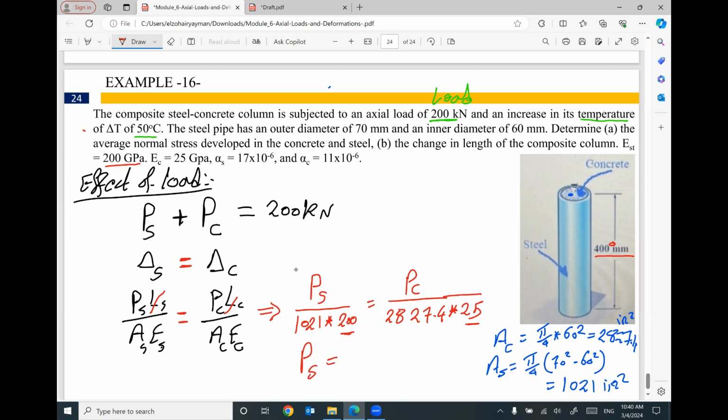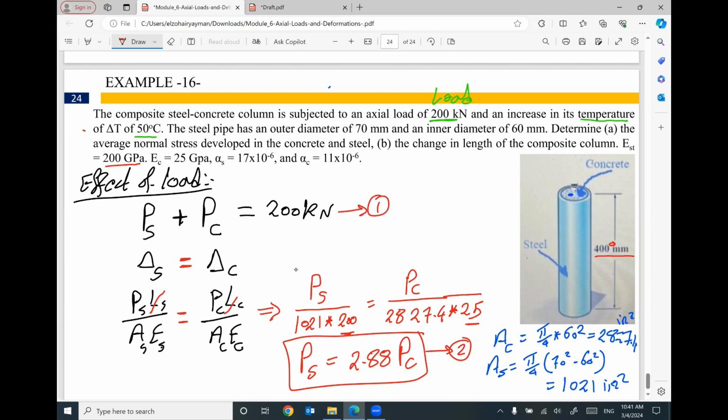So B steel will equal 2.88 B concrete. This is the second equation, and this one was the first one.